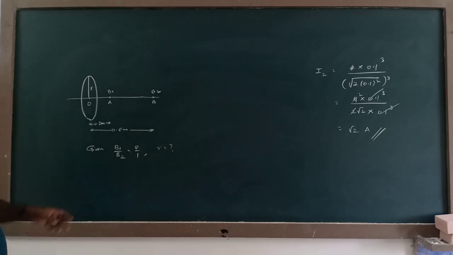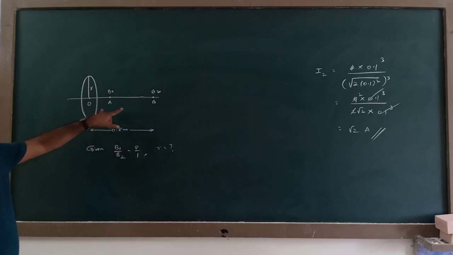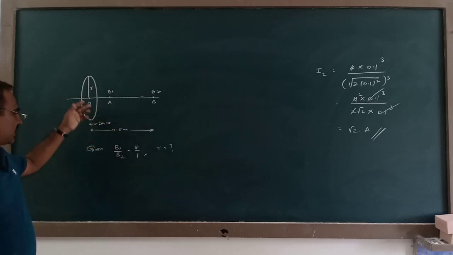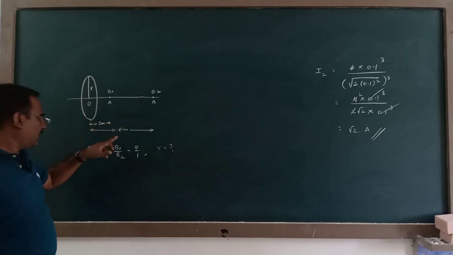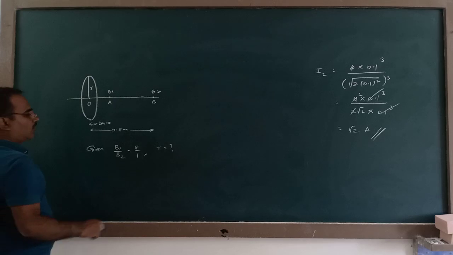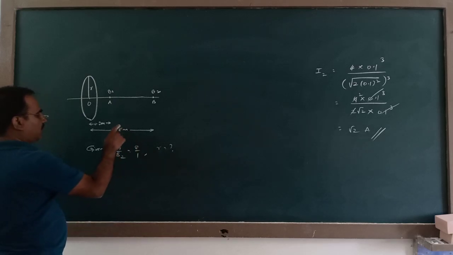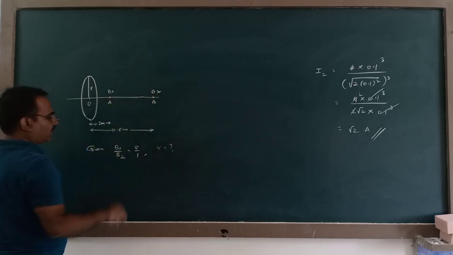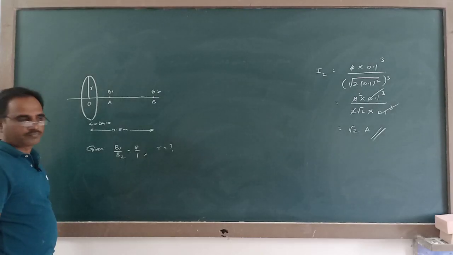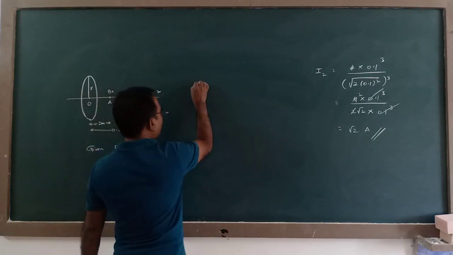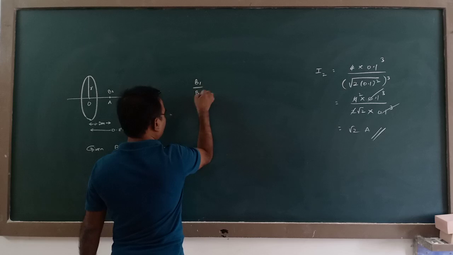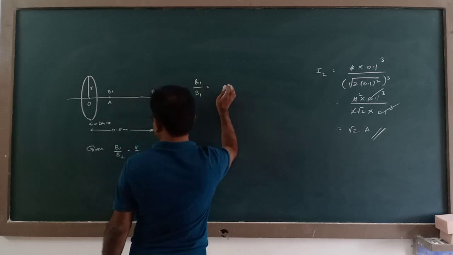There are 2 points at 0.2 meter and 0.8 meter from the center of a circular coil. You are asked to calculate the radius of this coil if the fields at these 2 points are in the ratio 8:1. So B1 by B2, what is this B1?